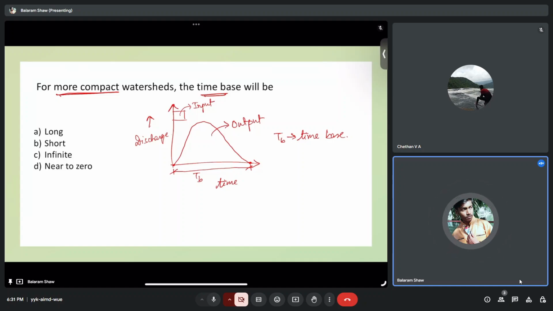Say 1 centimeter of rainfall happened. Whatever water was there will very quickly move to the outlet, or by the time the rainfall ends. So the time base will be very short. The correct answer will be B, that is short. Okay.